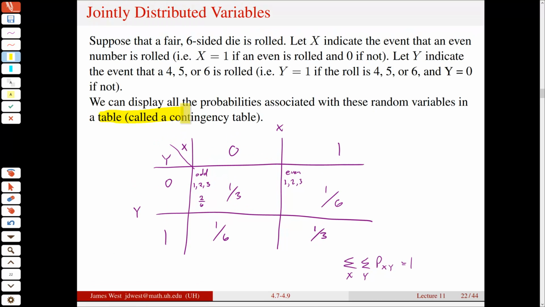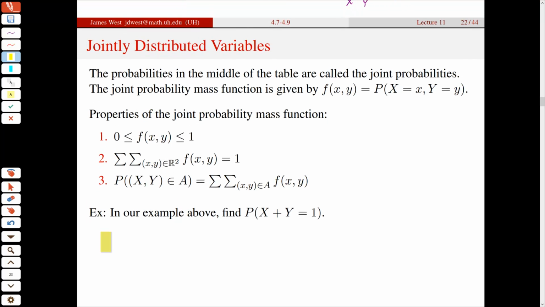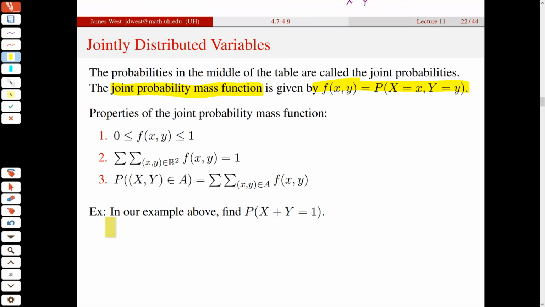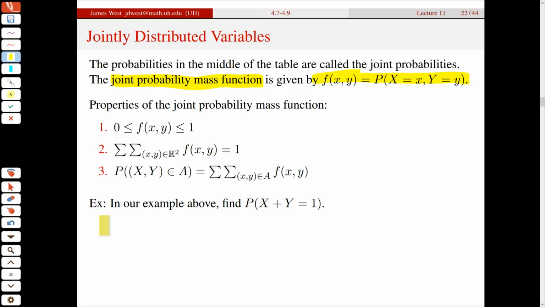We call this table a contingency table. They're defined by a joint probability mass function, f of x, y, which gives the probability that x equals some value x, and y equals some value y.